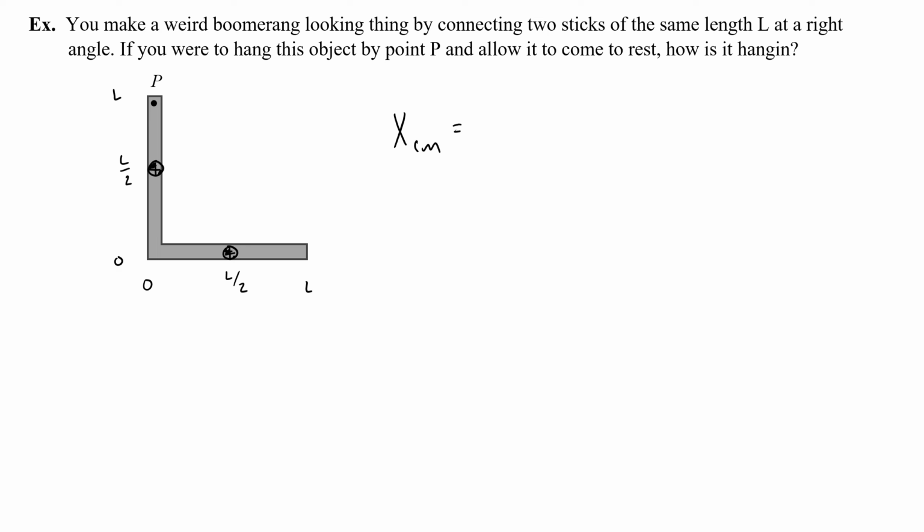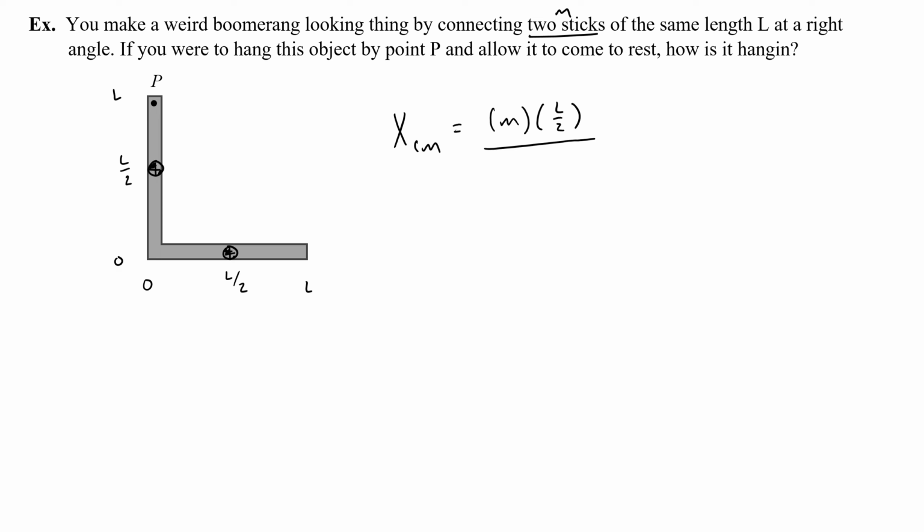So in the x direction, I should say that these bars have the same mass because they're the same two sticks. Just to clarify, the only x center of mass that we have is going to be this one. And so we'll have m times L/2, and then that is going to be divided by the total mass.